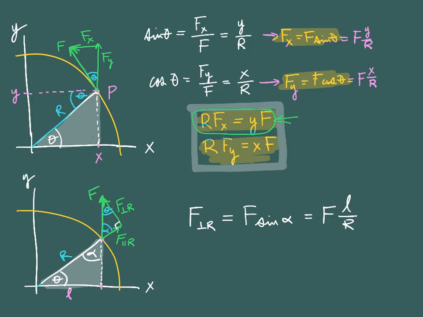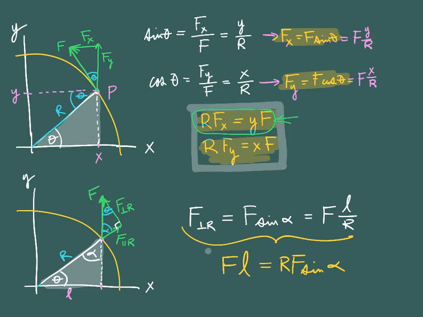So I have this interesting thing where all of this can be written as the force times what's called the lever arm, which is a projection of the radius onto the x-axis in this system, is going to equal the radius times F sine alpha.